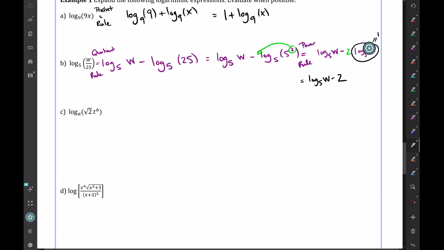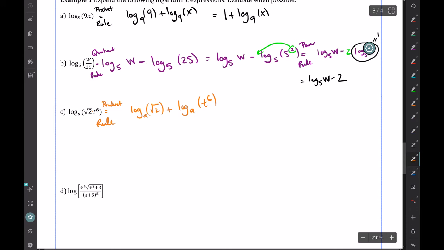Okay, here's an even uglier expression. It's log base a of the square root of 2 times t to the 6th. So I'm going to start with product rule again. Product rule says that we should write this as log base a of the square root of 2 plus log base a of t to the 6th.